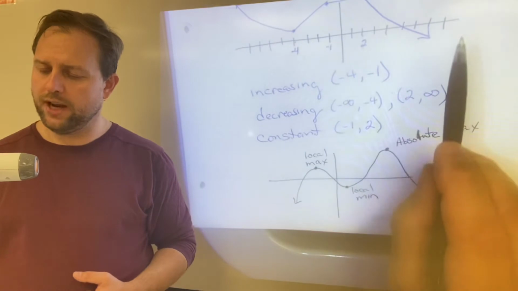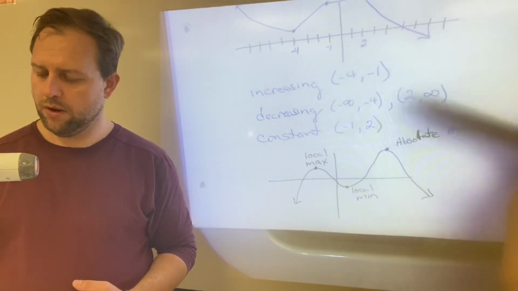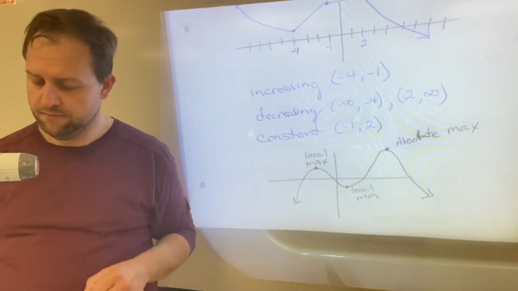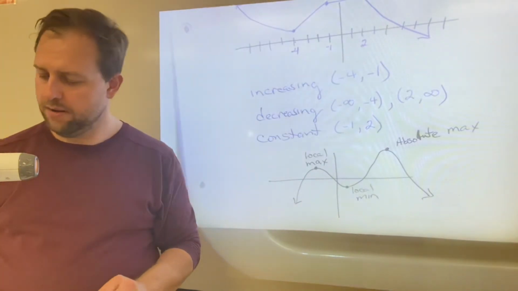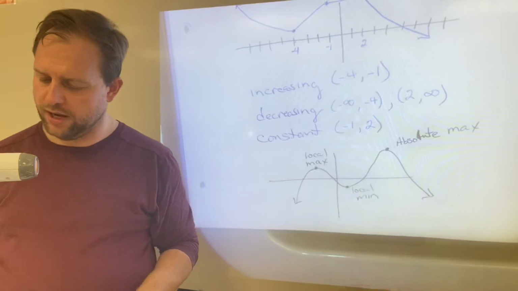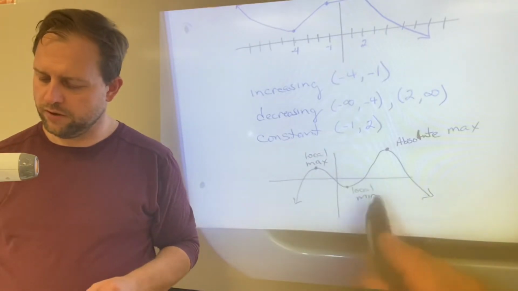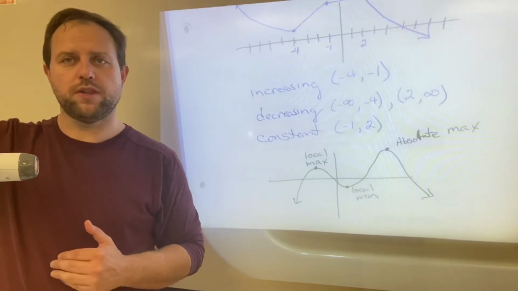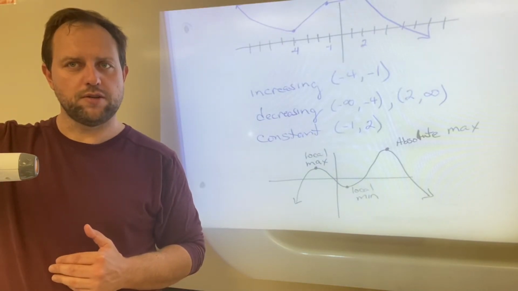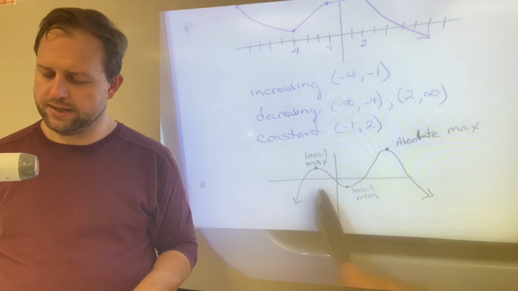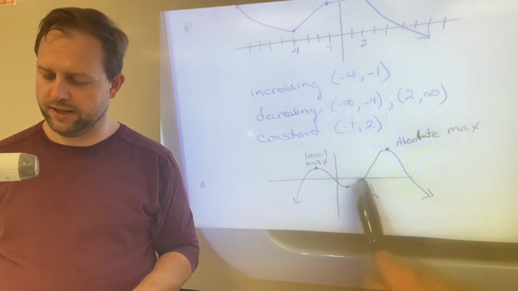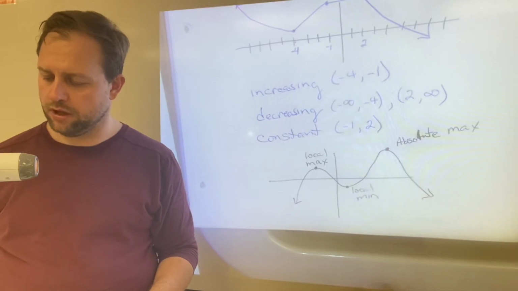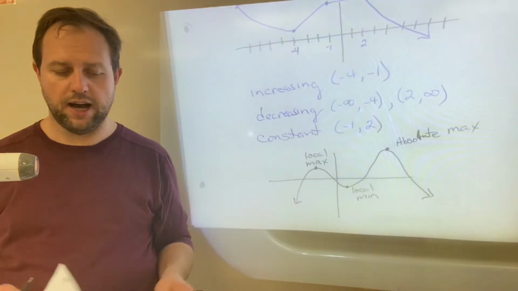So if you have it going up to infinity, we would never have an absolute max because it's going all the way to infinity. Okay? But those are the discussion of just getting used to the terminology. Local max, local mins are points where the curve changes direction from an increasing to decreasing or from decreasing to increasing. And an absolute is the highest or the lowest point on the curve.